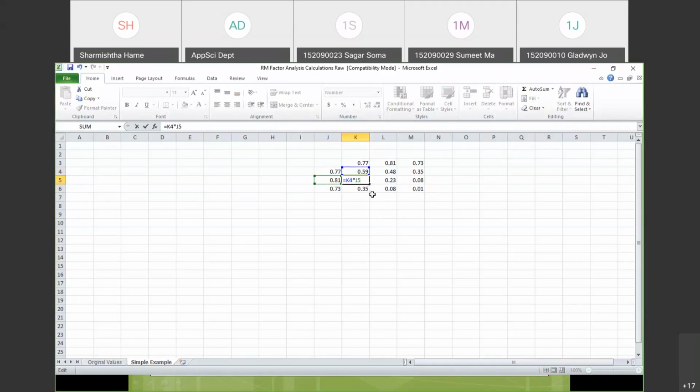K में K3 ही रहेगा ना. So this will be K3. So this will be F4.